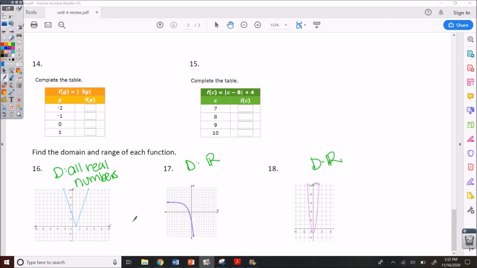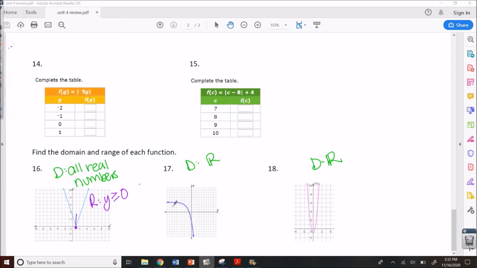Now the range just depends on my vertex or my asymptote. So in an absolute value function, we have a vertex. The vertex is the minimum on this one. So that means that my range is y is greater than or equal to 0 because 0 is the minimum. Everything is above 0.